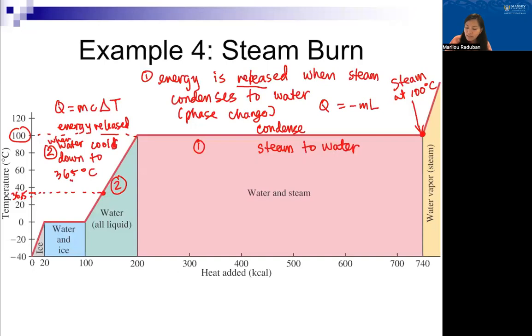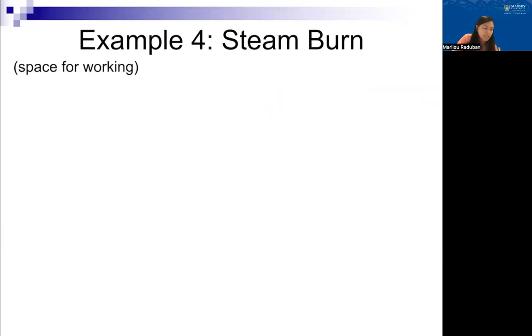So let's proceed. Let's do the first process, energy being released as steam condenses to water. Q is equal to minus ML. We've already written down what's given.